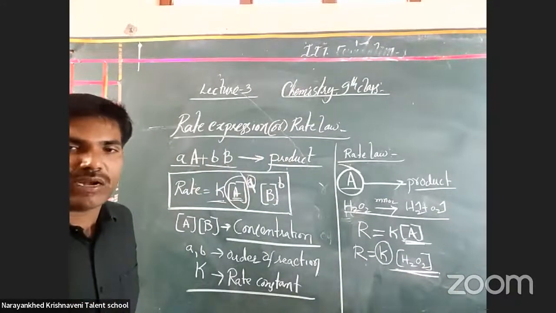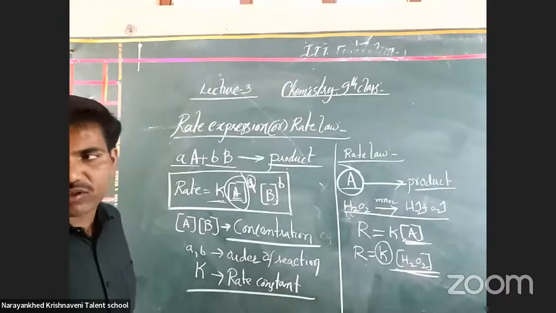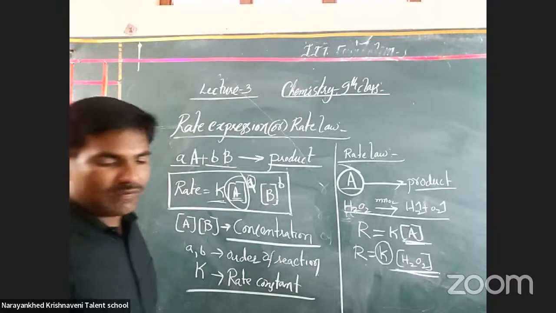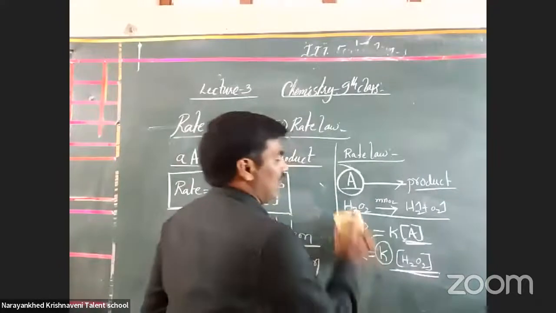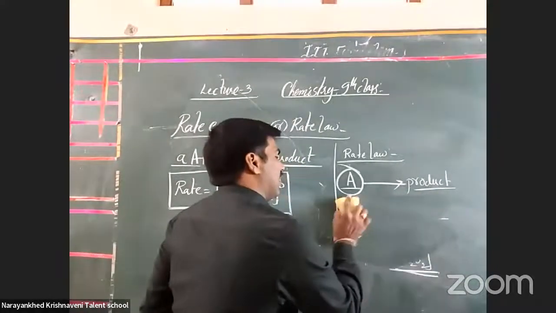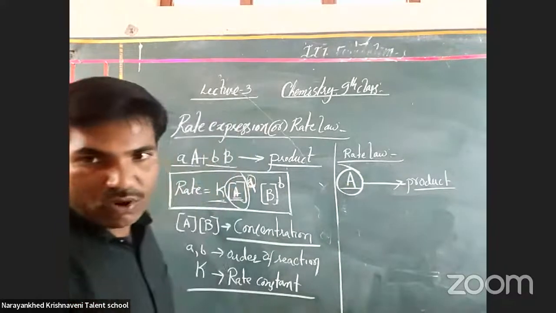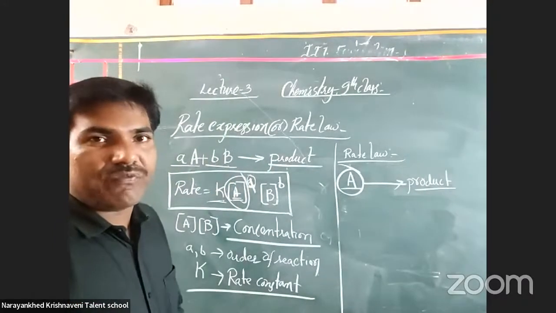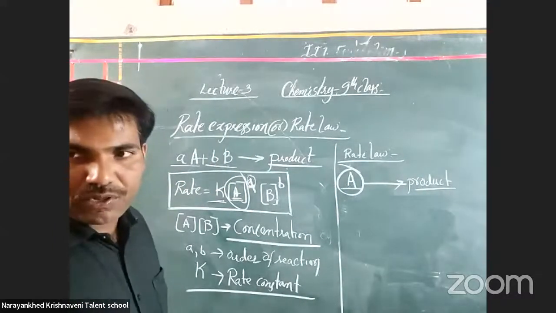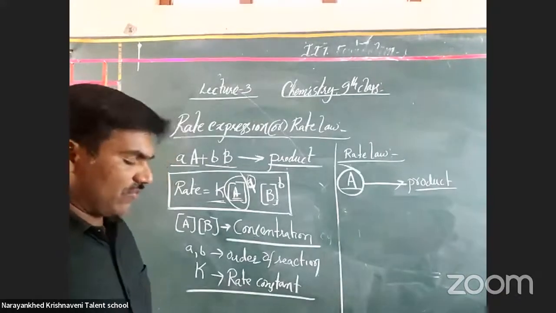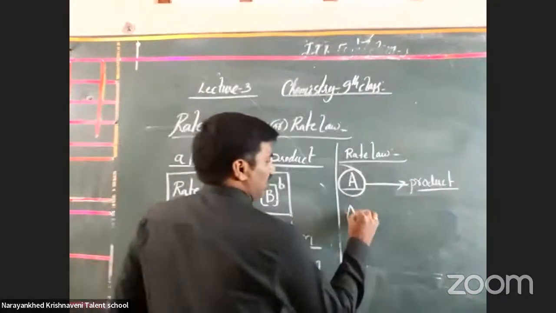That gives the rate law or rate expression. Got it or not? This is one general form. When only one reactant is there, the order of the reactant is one. Got it or not? Now the order of the reactant is how much here? One only.